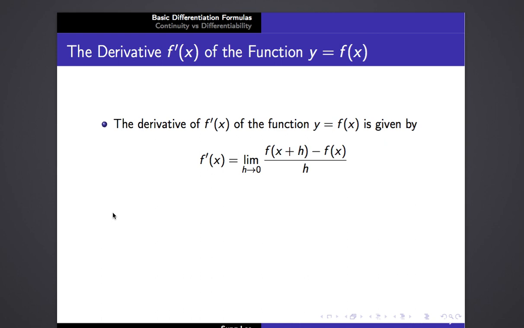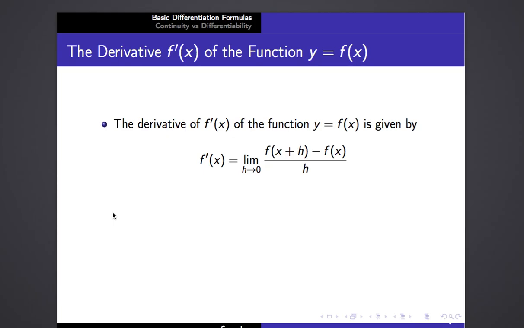So the difference here is that previously, we talked about the derivative of a function at a particular x value, x equals a. So, we denote it by f prime of a, right? So f prime of a, as you have seen, always gives us a number.